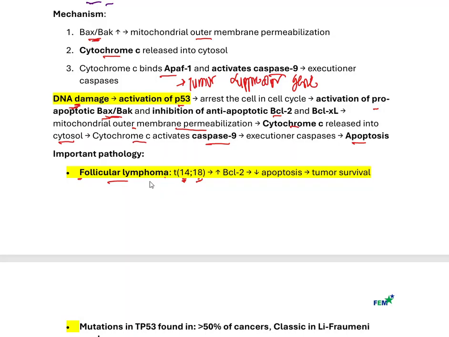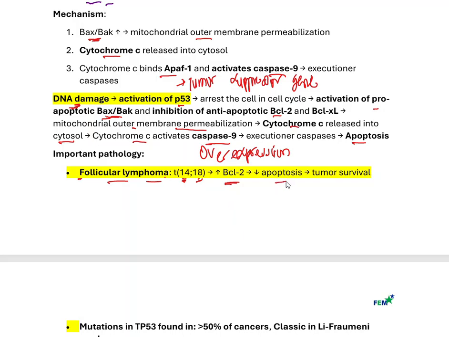So that's how I remember that follicular lymphoma is translocation 14-18. And in this follicular lymphoma, there is overexpression of BCL2. So if you are overexpressing BCL2, that BCL2 will continue to maintain the integrity of the mitochondrial membrane, thereby preventing cytochrome C from coming into the cytosol.